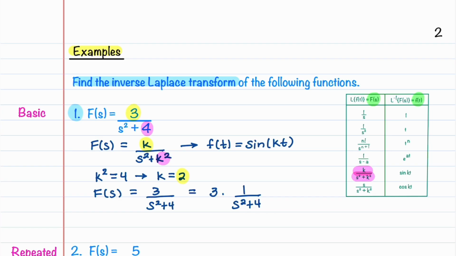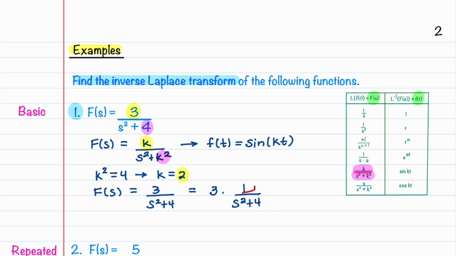To match the table, we need this number to be k, or 2. So we're going to rewrite this as 3 times 1/2 times 2 all divided by s squared plus 4. That way we have a 2 in the numerator, but by multiplying by 1/2, we didn't change the problem.